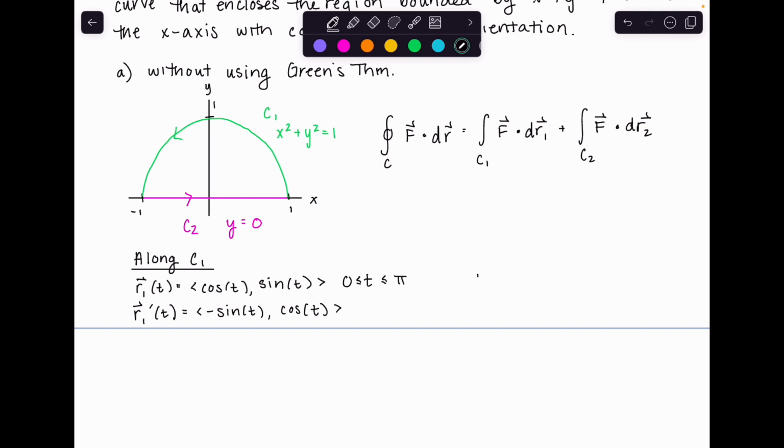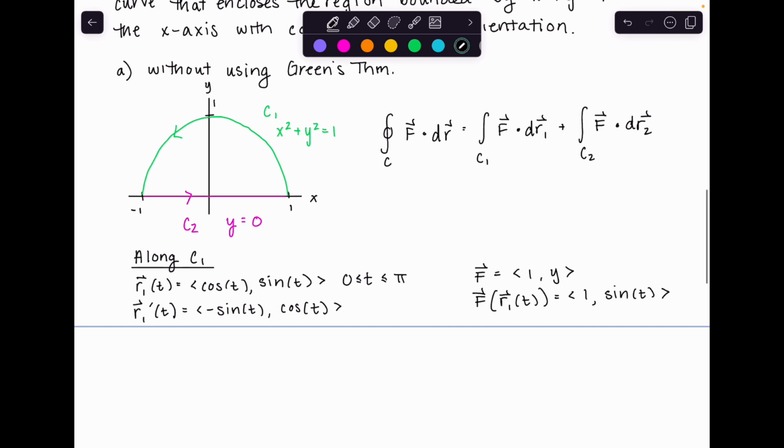My vector field F is ⟨1, y⟩. So if I evaluate this along my curve, 1 does nothing, but my y value is sine of t. So this gives me ⟨1, sine of t⟩.